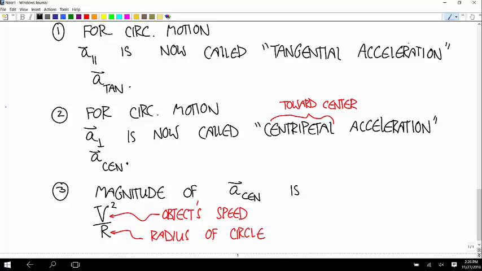Then what about the fact that v is squared? Well, one thing that gives you a clue is that it makes the units work out. In SI units, what are the units of speed? Meters per second. So what are the units of speed squared? Meters squared per second squared. What are the units of radius? Meters. And so you cancel out one of the meters on top, and you end up with meters per second squared, which are the units for acceleration.